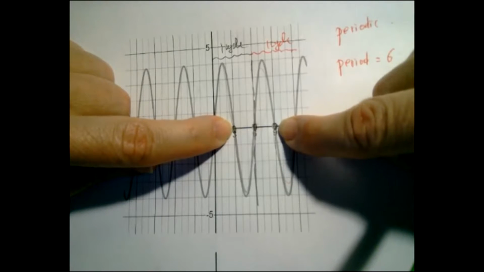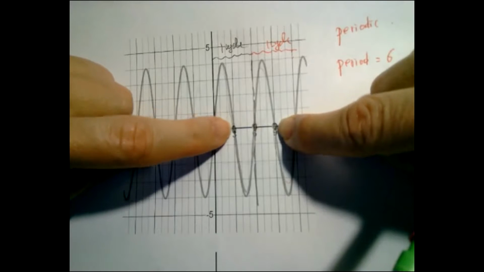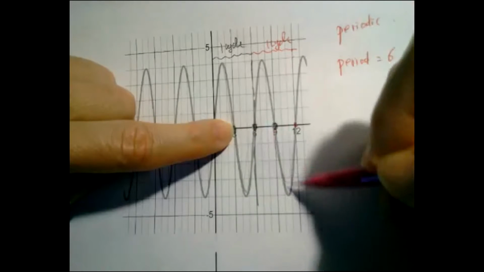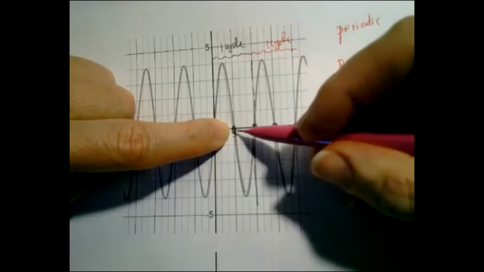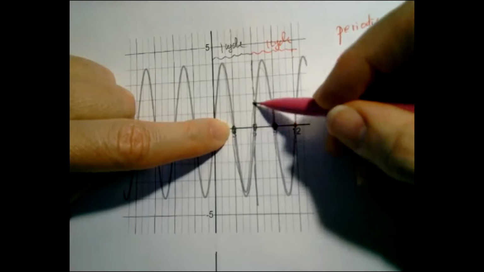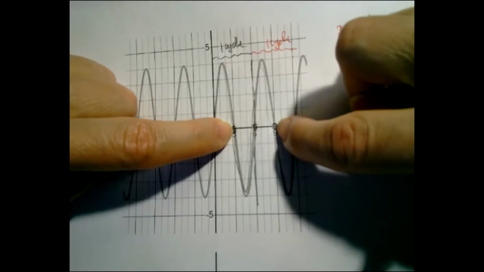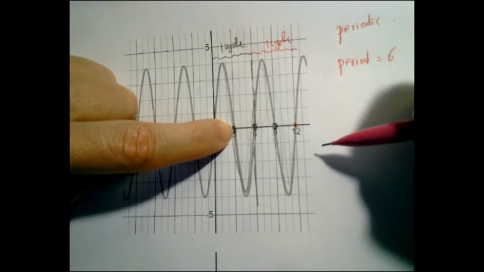From 3 to 9 also you have 6. So to find the period, you can start at any point, check the graph, and stop when you realize that you start repeating your output. After that, the outputs are repeating.